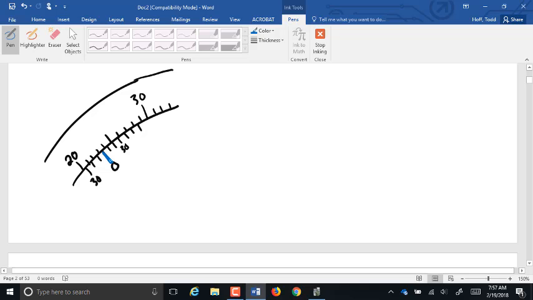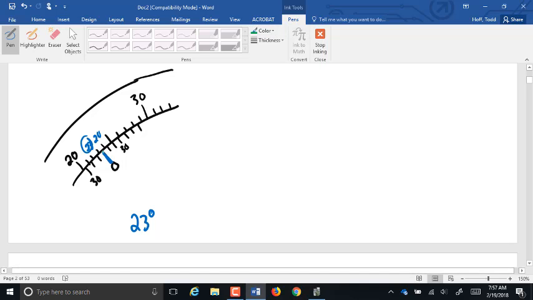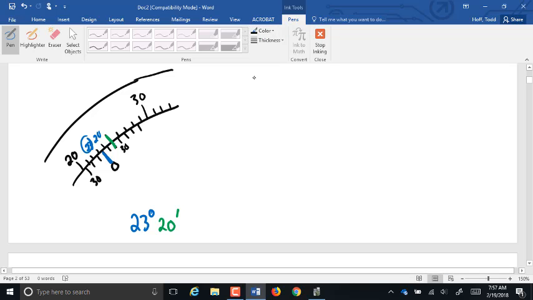Here's my 0 on the vernier. That's 23 and that's 24. So we're going to take the 23. 23 degrees. Where do I read the vernier scale? This one here is probably the one that's closest to lining up, right? That'd be 10, 20. 20 minutes. So that's 23 degrees, 20 minutes.